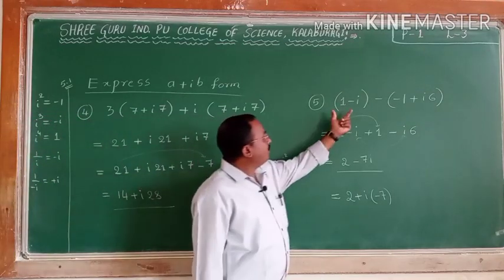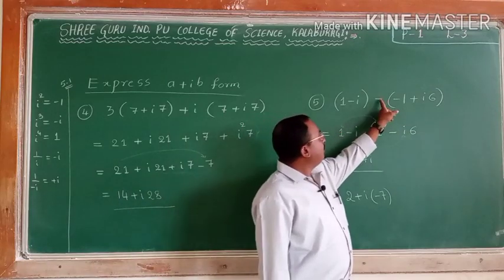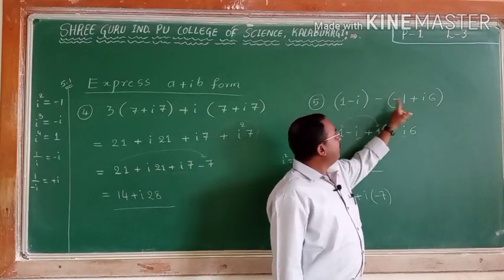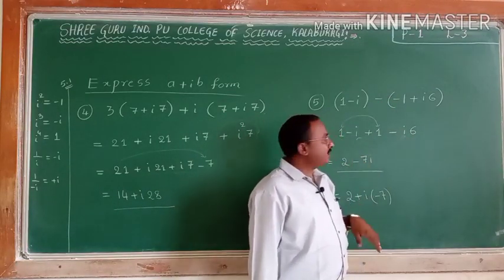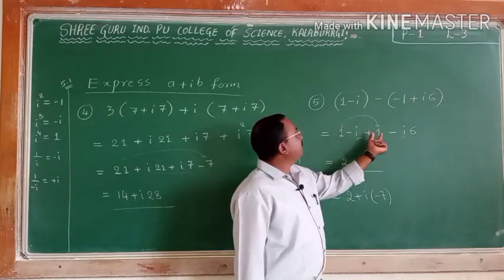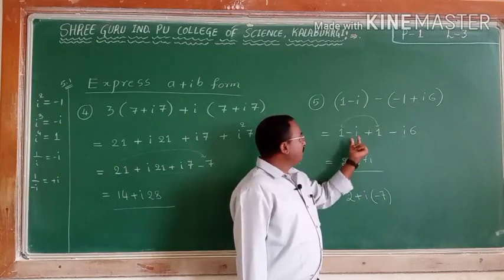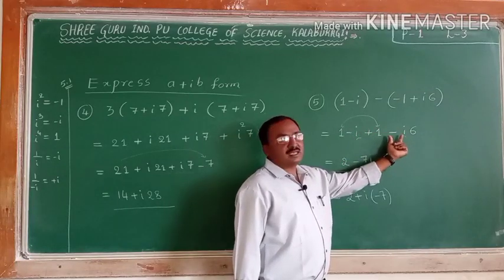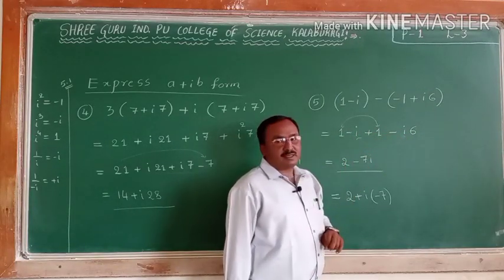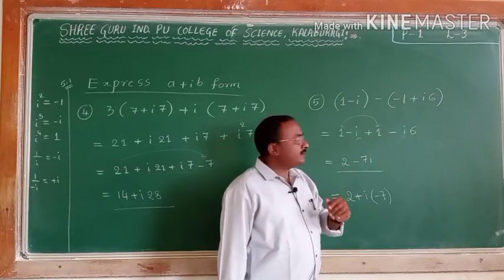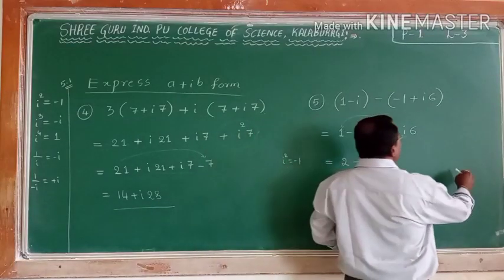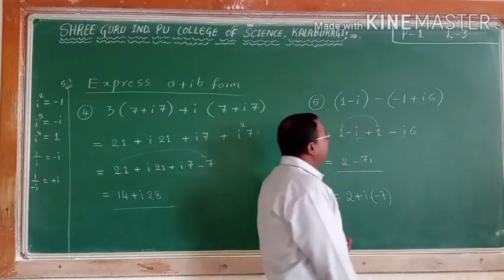Next, 1 minus i keep as it is. Minus minus plus, minus plus minus 6i. Here 1 plus 1, total is what? 2. Minus 1i, minus 6i, total minus 7i. Understood? Plus into plus is plus.